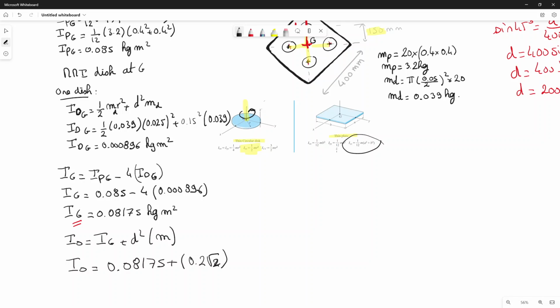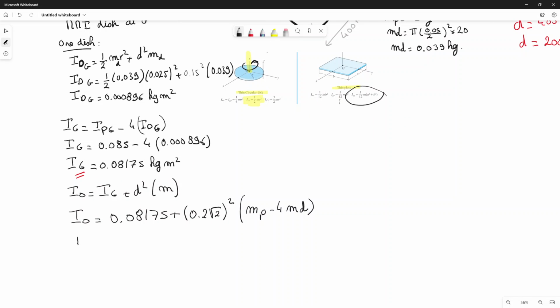Don't forget to have everything in meters. 0.2 square root of 2, squared, times the mass of the plate. That will be the mass of the plate minus 4 times the mass of the disk that we found there.